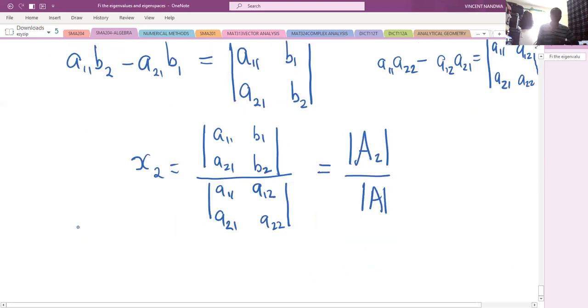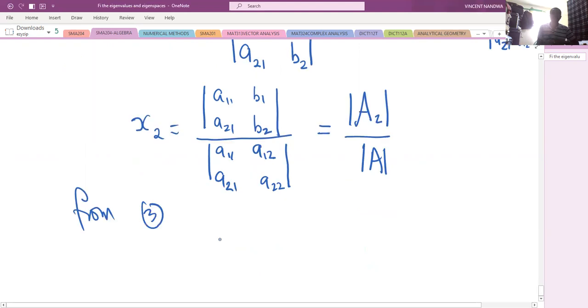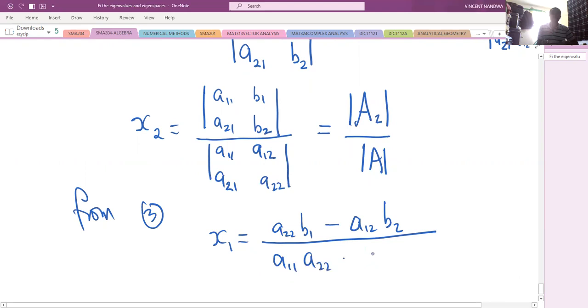And from 3, remember 3 is where you have x1 is given by this quotient, a22 b1 minus a12 b2 over a11 a22 minus a12 a21.